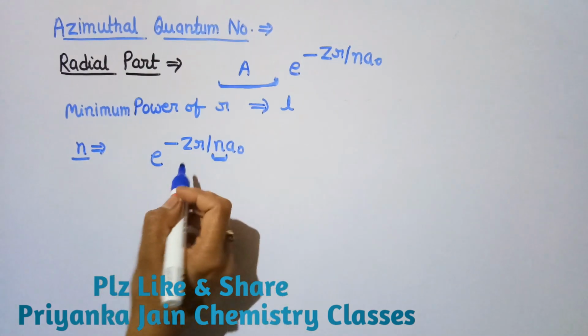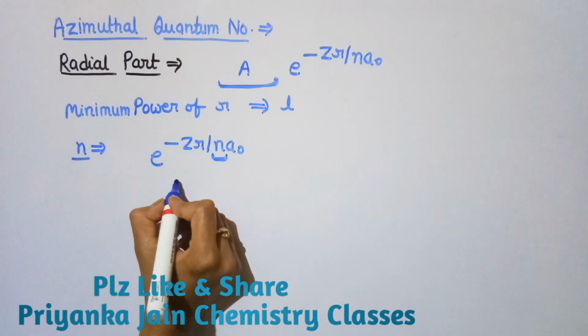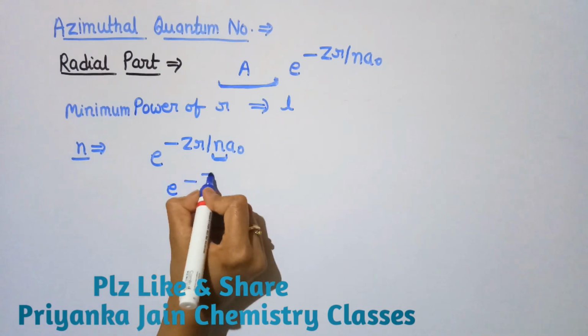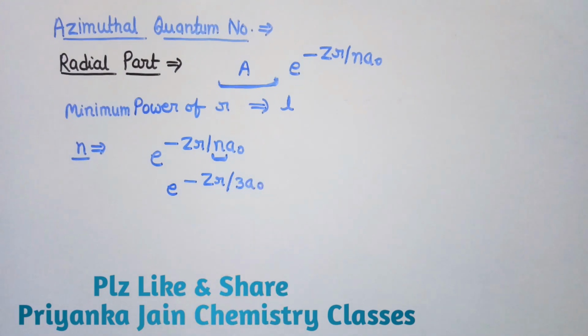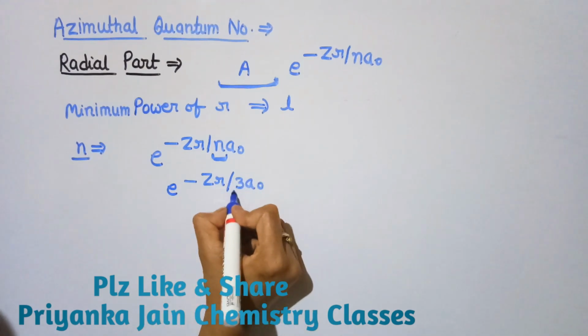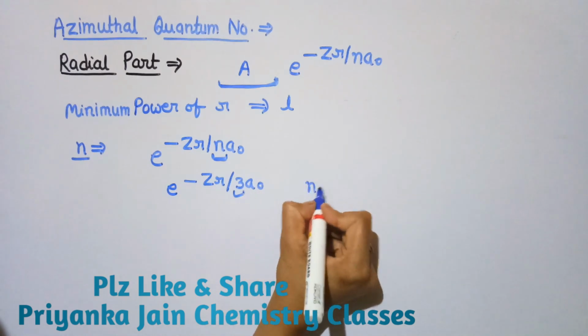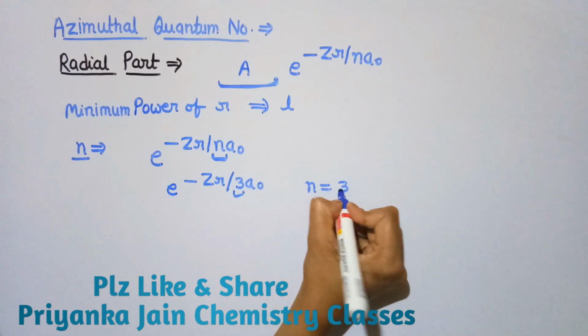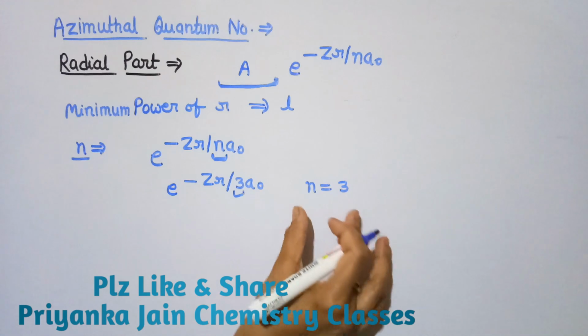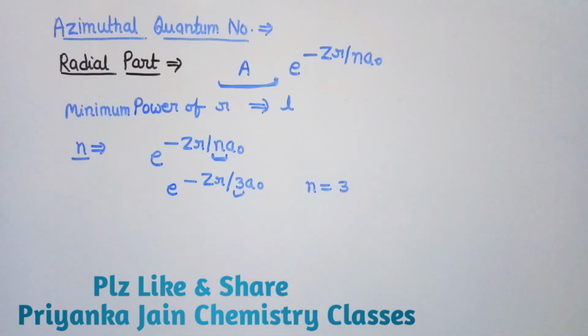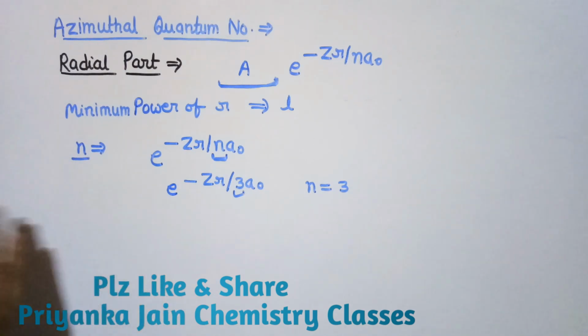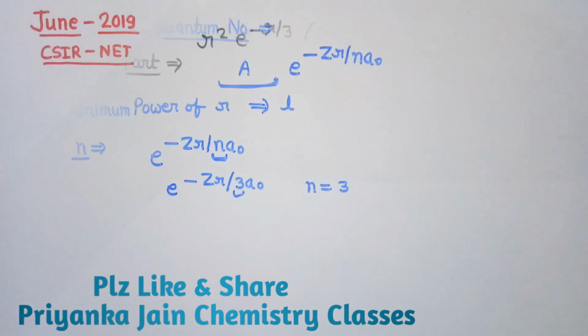Suppose it is given as e to the power minus zr upon 3 n naught. So this 3 is the principal quantum number. Now we can also find the value of n, and now we have to see the questions based on this, because with questions all this will become very clear.